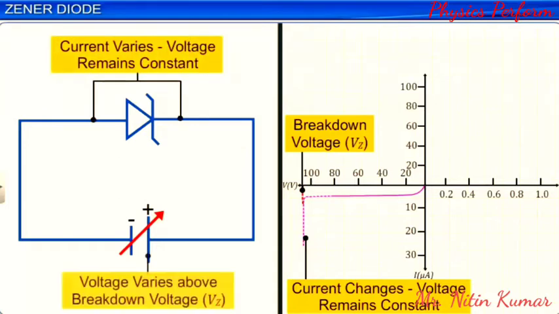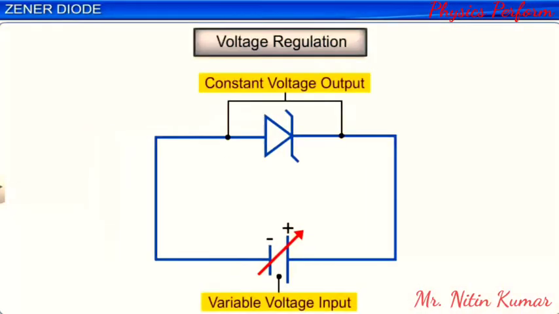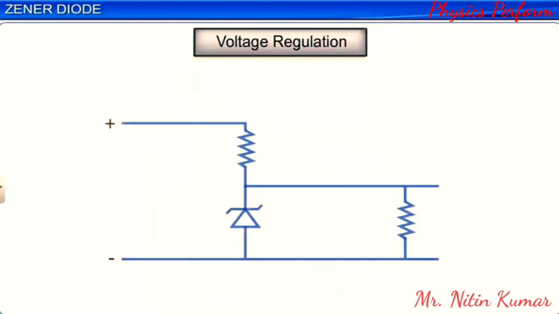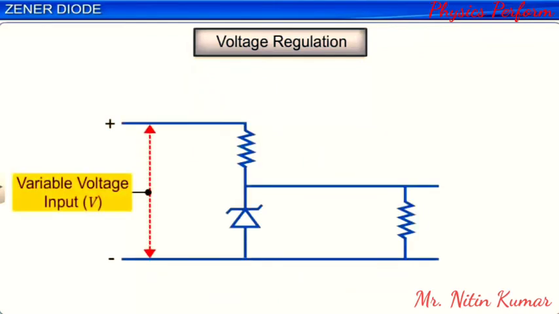Thus, a ZENER diode can be used as a voltage regulator to convert a variable voltage input into a constant voltage output. Here is a simple circuit used for converting a variable voltage input, say, from a rectifier into a constant voltage output using a ZENER diode.